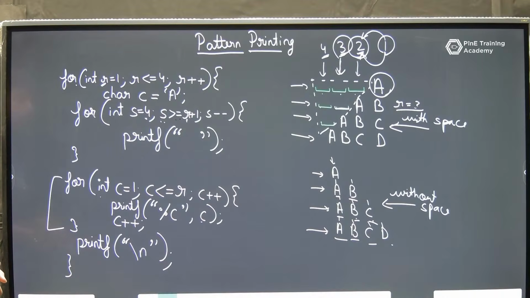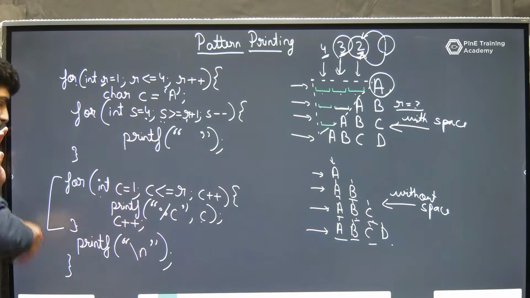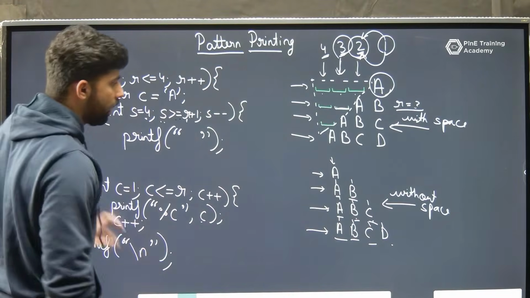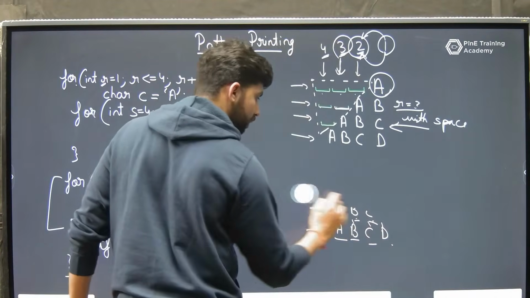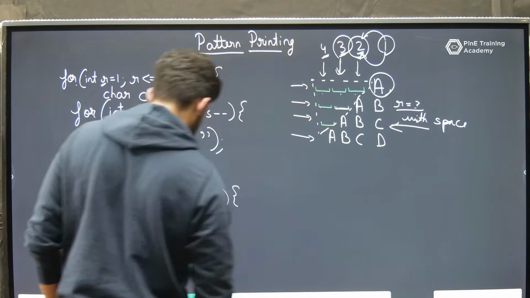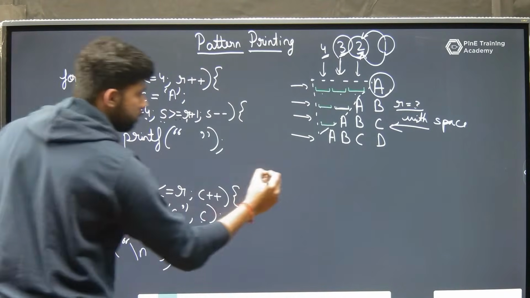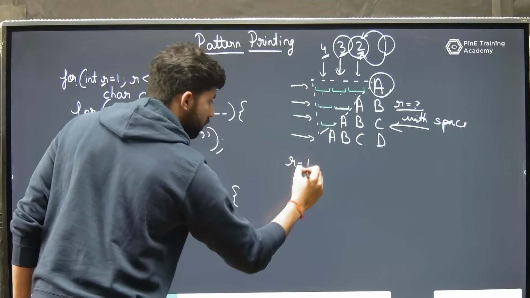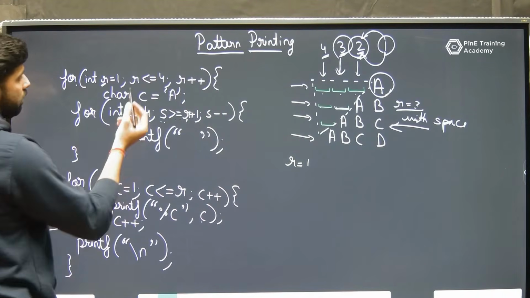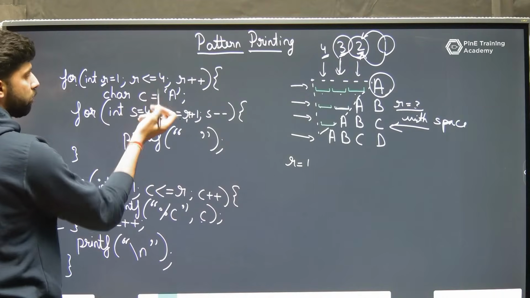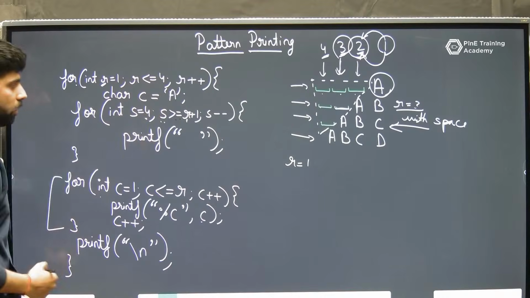Now let's try to dry run our code like we did last time. We will go line by line and see what happens when a particular line is being run. First, r is equal to 1. Our condition is evaluated: r less than or equal to 4, which is true. 1 is less than or equal to 4. That means we will enter the loop.